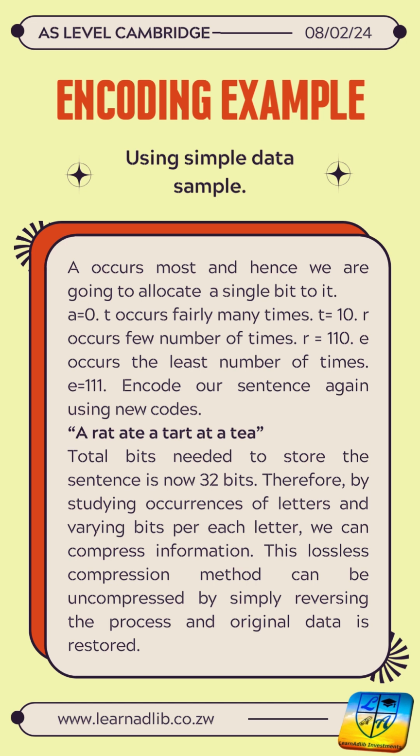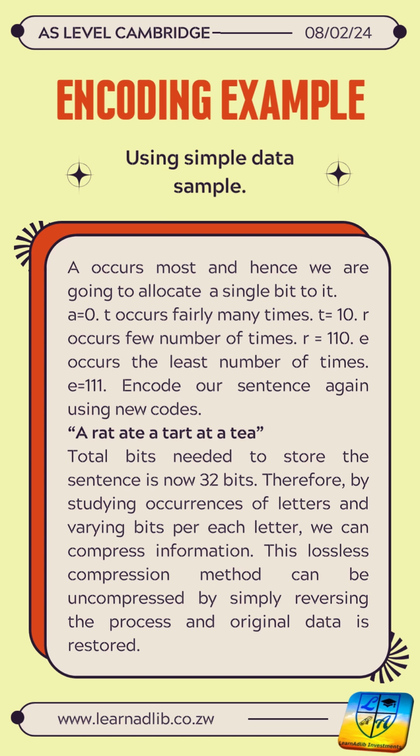Here, because in this sentence A is occurring most, followed by T, followed by R, followed by E, we are saying R and E should have 3 bits, then A will have 1 bit, then T will have 2 bits. We've used variable length encoding there.